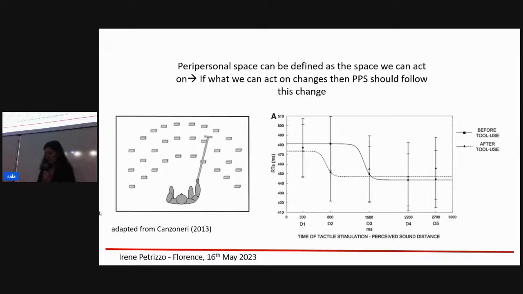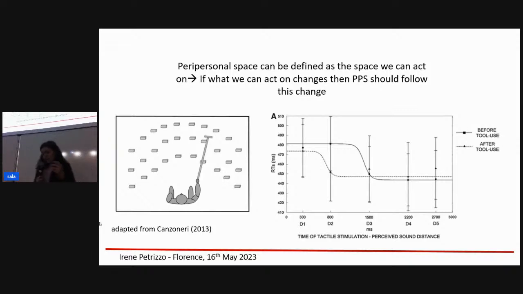And what they found is that there was a very similar modulation of the reaction times, but the dotted line is after tool use. And as you can see, after tool use, you get faster much sooner, which means that you react to a sound that would usually be in your extrapersonal space as if it was in your peripersonal space. So you have effectively remodulated participants' peripersonal space.